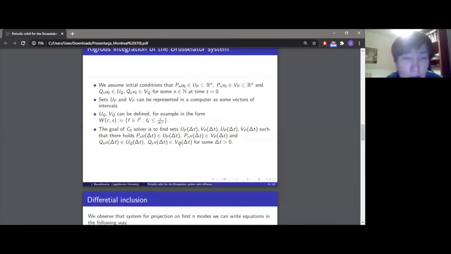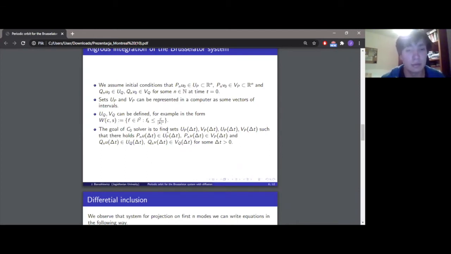The goal of the C0 solver is to find sets that will contain the solution, which we also divide into finite and infinite dimensional blocks, where the first mode will be in the finite dimensional block.